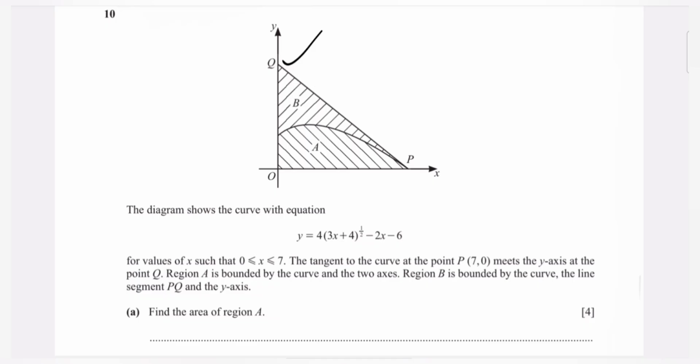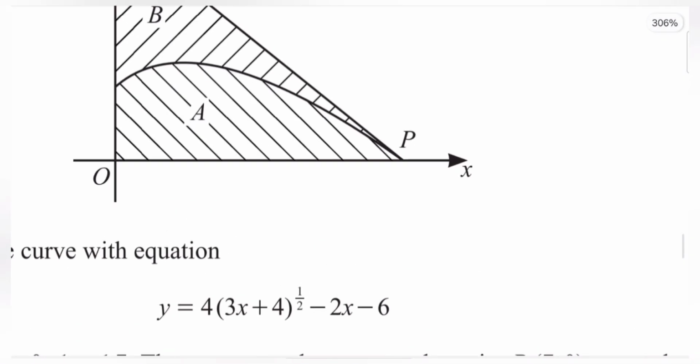Right, and it goes on to say find the area of region A. So this is us being asked to find the area under a curve, and for that we know we need limits. So we're going to use these points to get our limits.